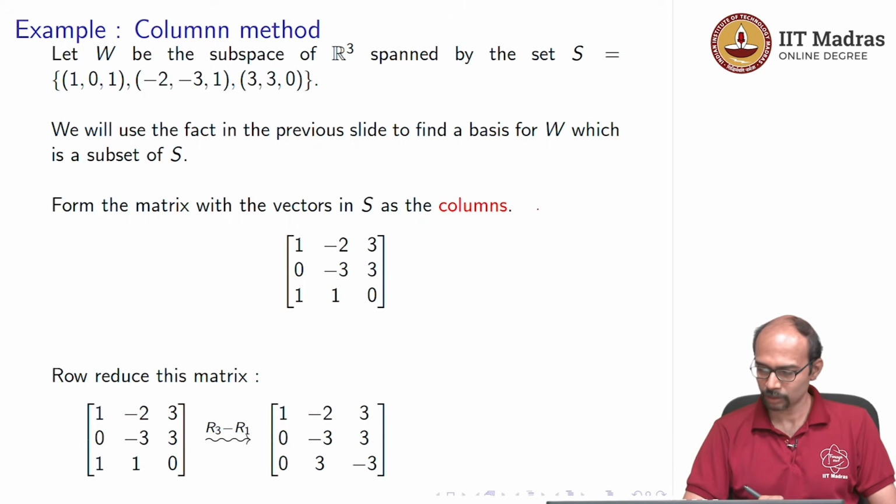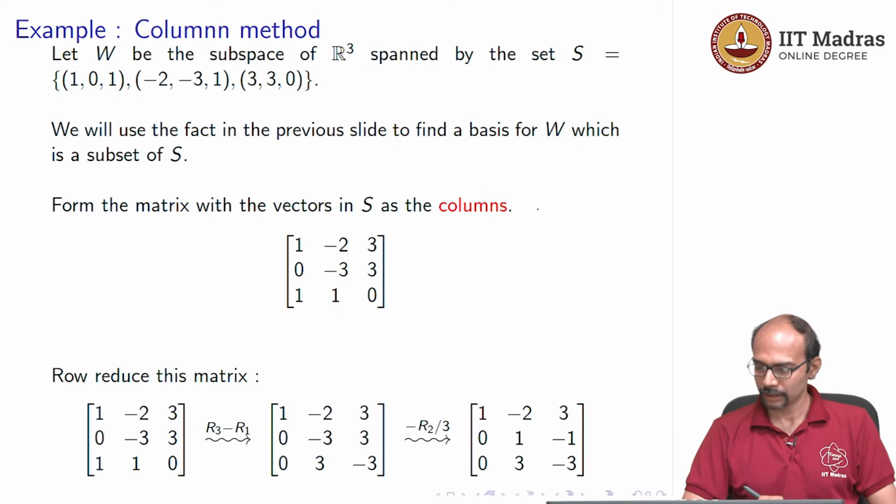So you get 1, -2, 3 and 0, -3, 3 with no change there, and then 1 minus 1 is 0, 1 minus -2 is 1 plus 2 which is 3, and then 0 minus 3 is -3. So you get 0, 3, -3 as the third row. Your first column is set up in the way you want.